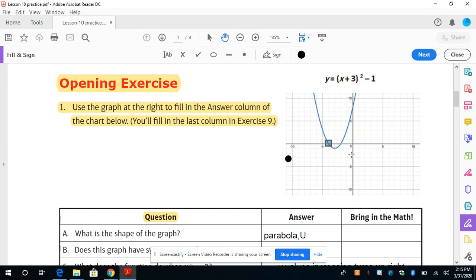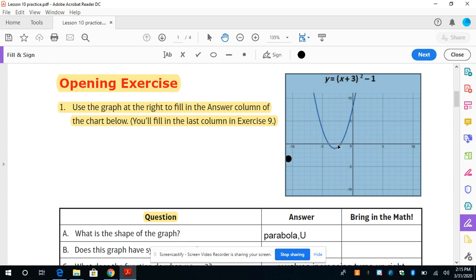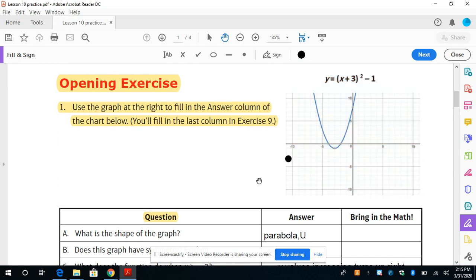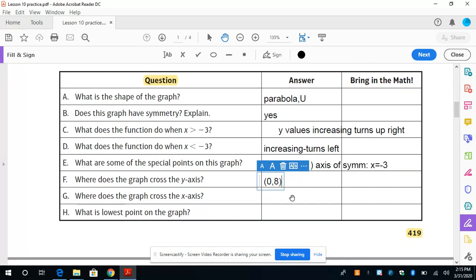So they were -3, oh no, let's see, -2 and -4. Okay, we'll put that here. So you can say x equals -4 and x equals -2 if you wanted to put a point. Remember to put the x value first and then the 0.